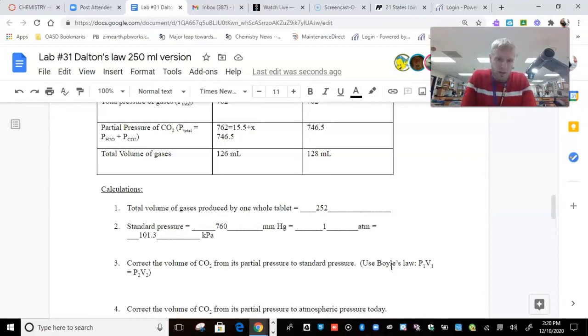So our pressure 1 is 746.5, that's the partial pressure of CO2, 746.5 mmHg. Let's put that in parentheses because we're multiplying it by our volume, which we found was 126 milliliters.